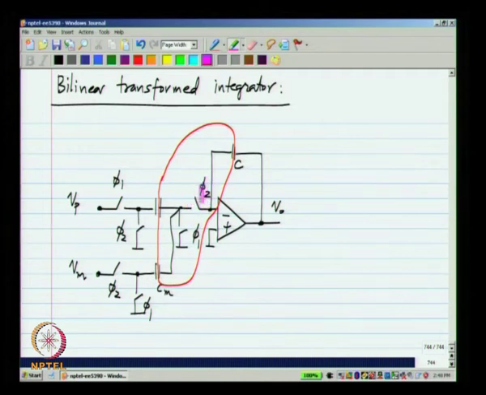Okay. Now, between those two instances no charge can escape these, and the total charge will be conserved. That is the general way of analyzing any switched capacitor filter that you are given, and in this case we already know the answer, but we will still do that just as an exercise.